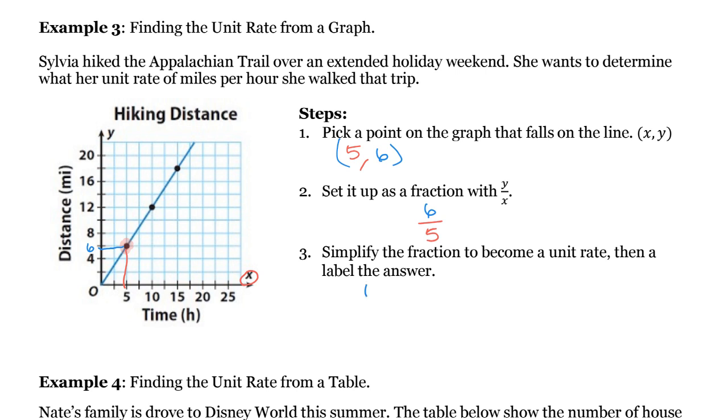So I want to simplify this 6 over 5. And it's going to be 1.2 over 1, right? And don't forget to label. And the y is miles, and the x is hours. Okay, so we found a point on the line, we set it up as a fraction, and then we simplified it, and then labeled it.